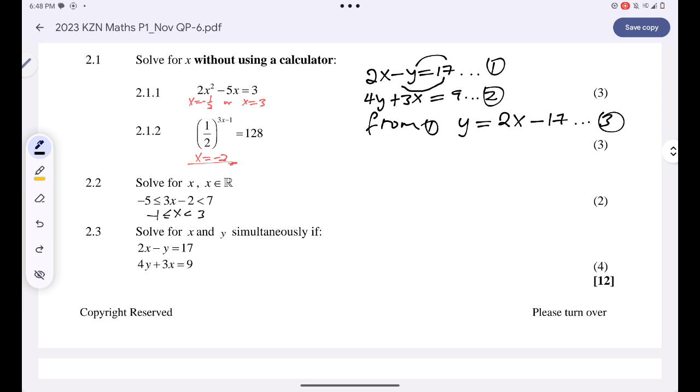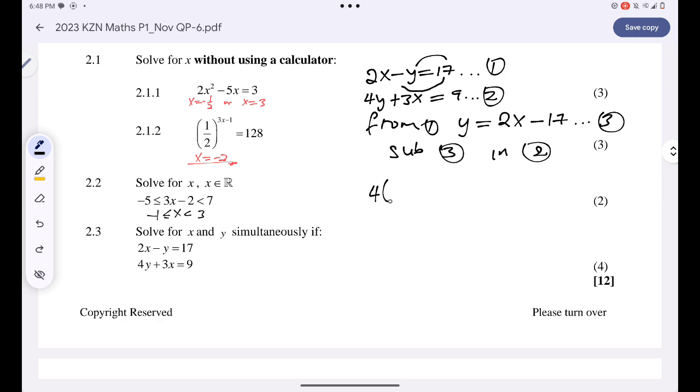So now what I can do is to simply say substitute equation 3 in equation 2. Are you together? So this thing simply means that when I come across y in equation 2, I must just substitute my third equation.